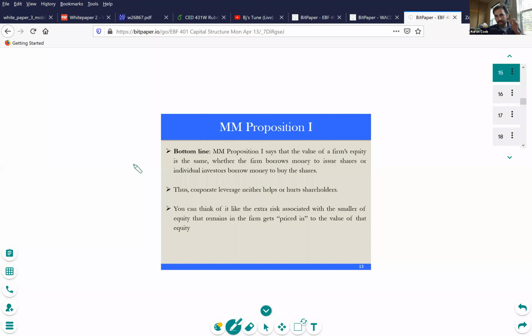Essentially what this proposition says is it doesn't matter whether the firm borrows money and the investor invests in a firm that's levered up, or whether the firm stays unleveraged and the investor levers himself or herself up and then invests in the unlevered firm.